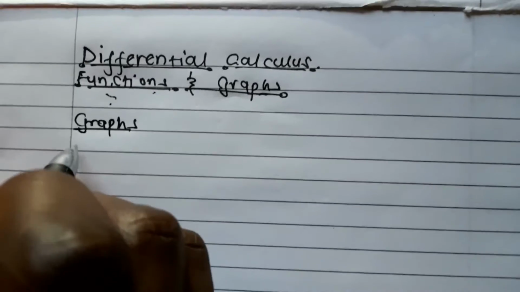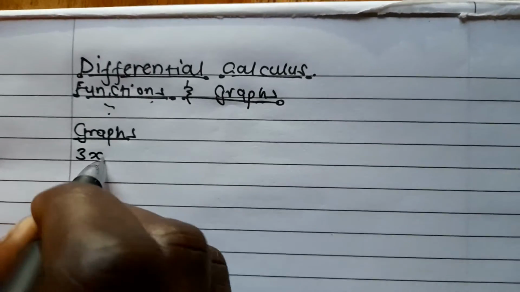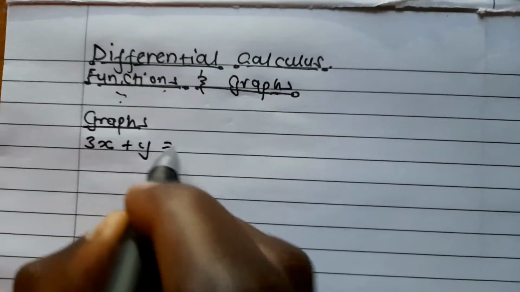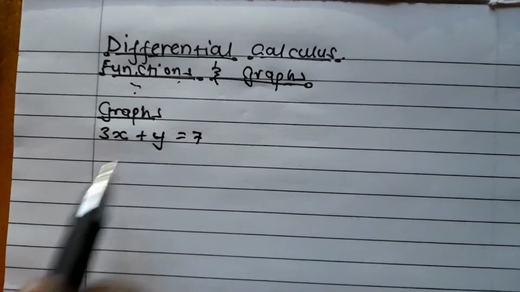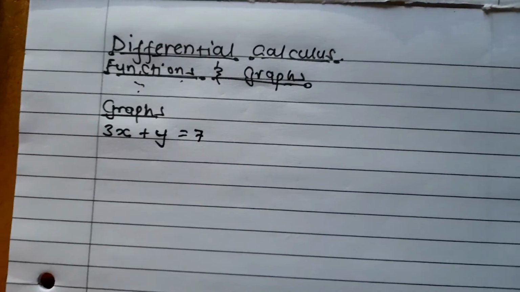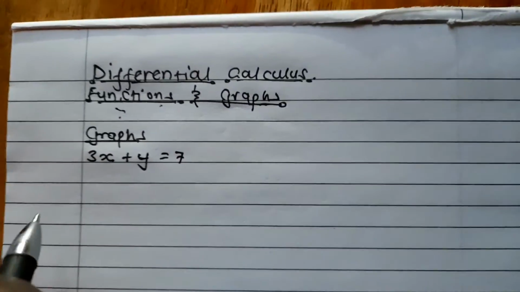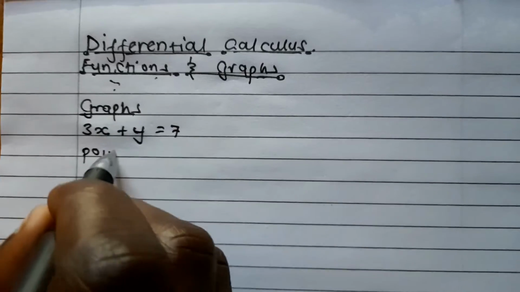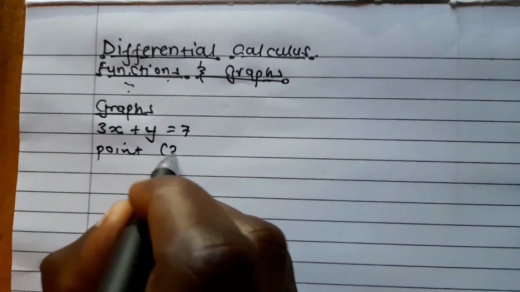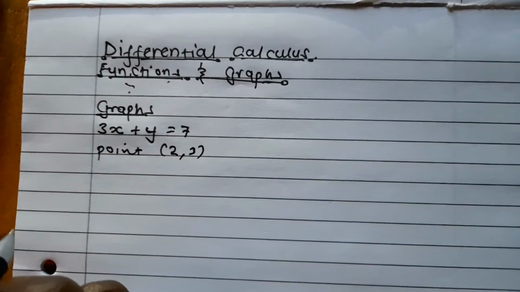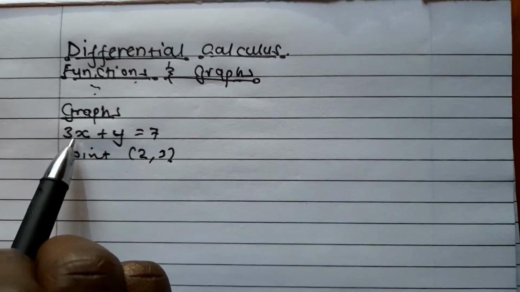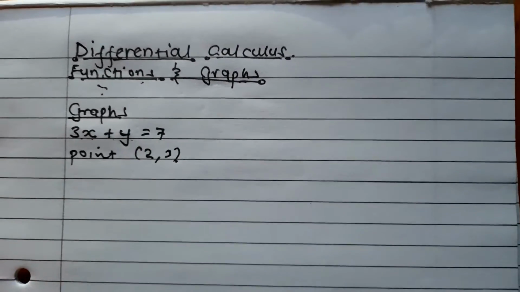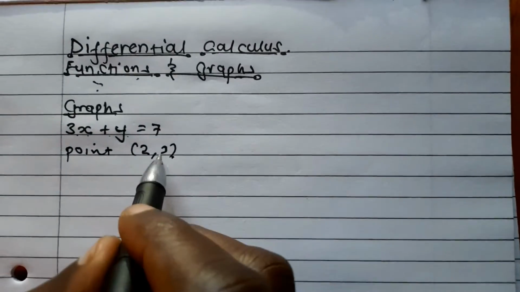So suppose I have a function, or rather an equation, 3x plus y is equal to 7. You realize the point (2, 1) is actually a solution point to the equation 3x plus y is equal to 7. And how is that?